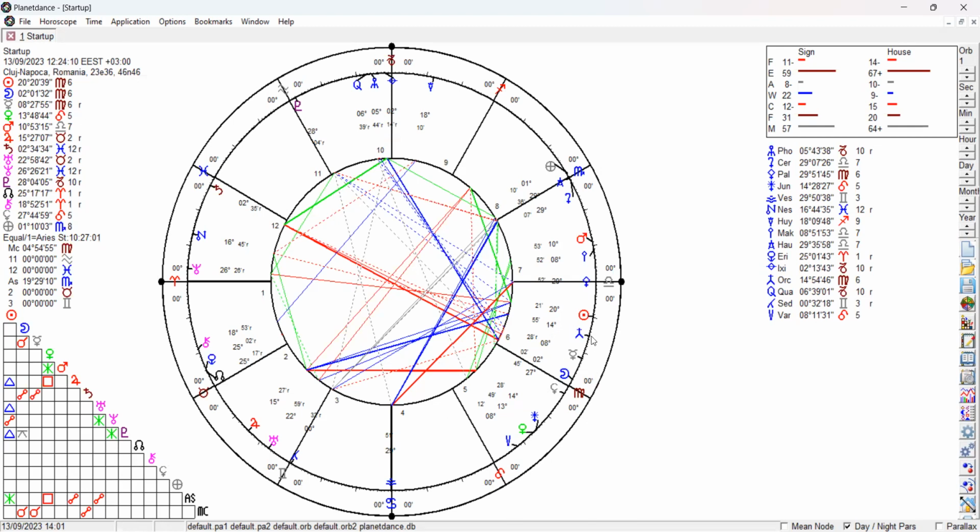Orcus is like an anti-Pluto. If Pluto reveals corruption, Orcus reveals the same corruption, but how to amend it. Pluto, how to eliminate it, transform it, cast it out. Orcus, how to build something new in its place, how to make it work, basically.